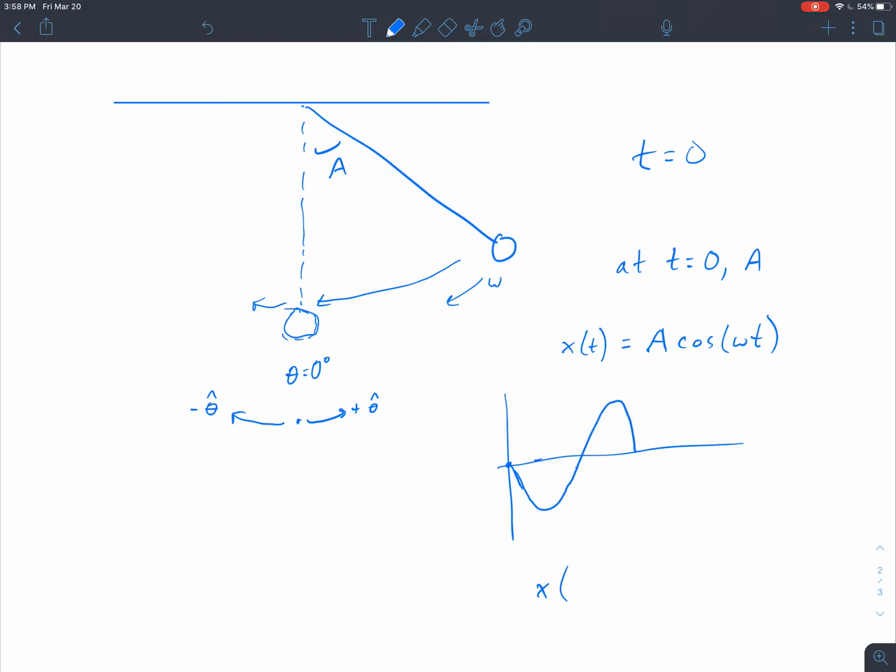Then you could just say x of t is minus, a negative sign, sine omega t. And likewise up here, it would be negative cosine. Here, it would be positive sine. That's just something to keep in mind. When looking at a physical situation, sine or cosine, you can just throw a shift anywhere, and it's kind of arbitrary.